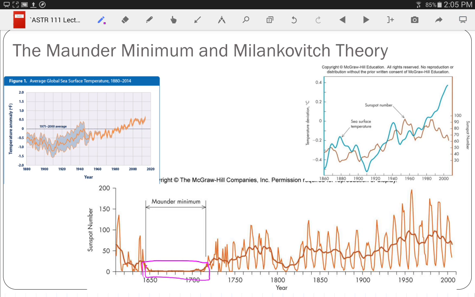So here where the sun gets just a little lower, I mean, it's still hot. It's still giving off a lot of radiation, but it drops by a few percent, and that's enough to make a big difference. So during this Maunder minimum, global temperatures started dropping. And so we had things like the River Thames freezing solid, and they would have ice skating parties out there.